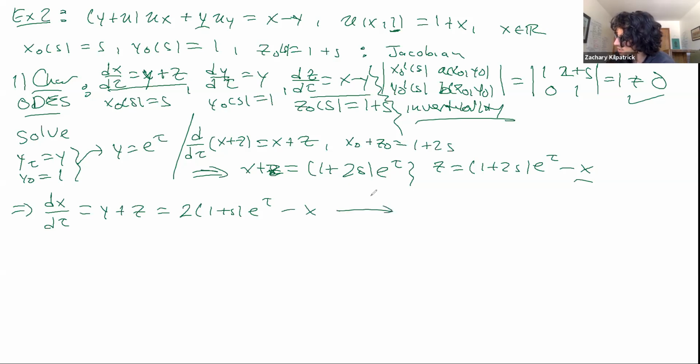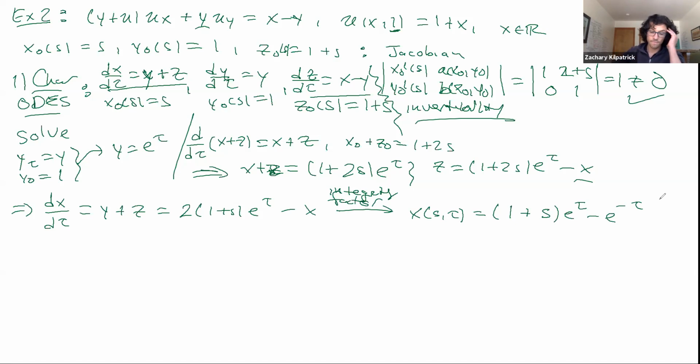So using an integrating factor, we can get that x of s, tau is equal to 1 plus s e to the tau minus e to the tau, okay? The other way we could solve the x and z equations is just by writing them as a two-dimensional inhomogeneous linear system. That would work too.